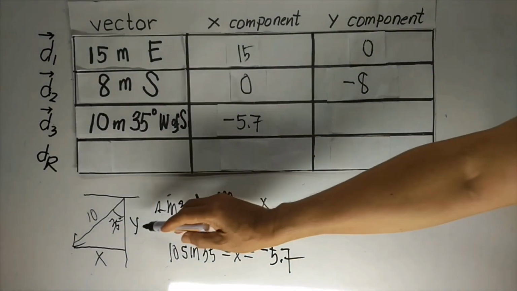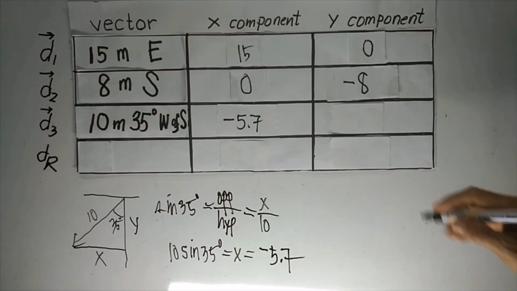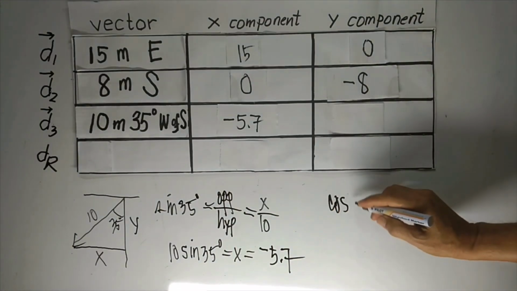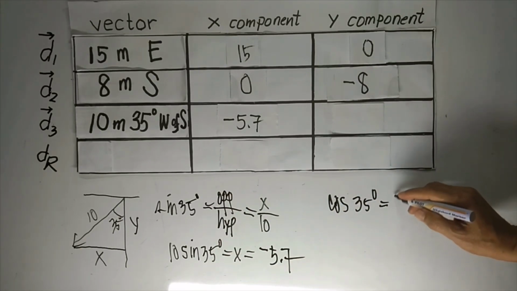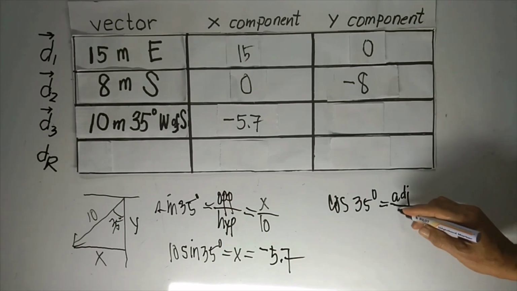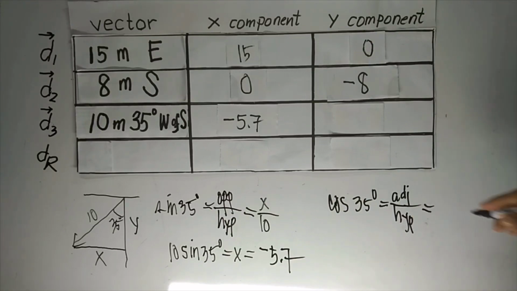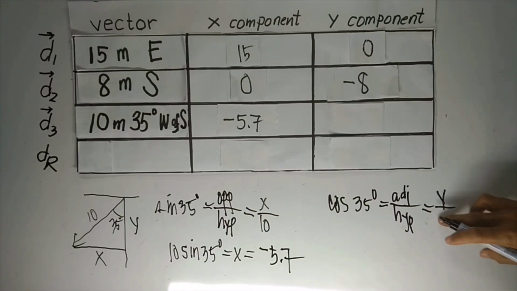The y is adjacent to the angle and with the hypotenuse, so we'll be using cosine: cosine 35 degrees is equal to the adjacent side divided by the hypotenuse, which is y over 10.